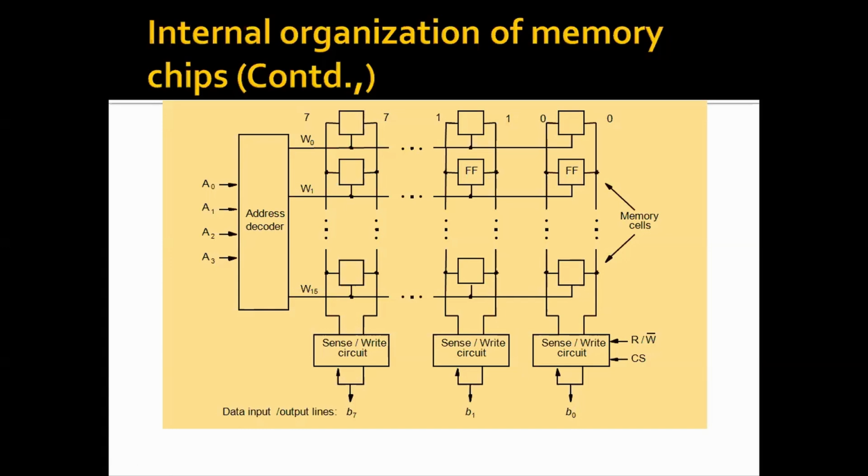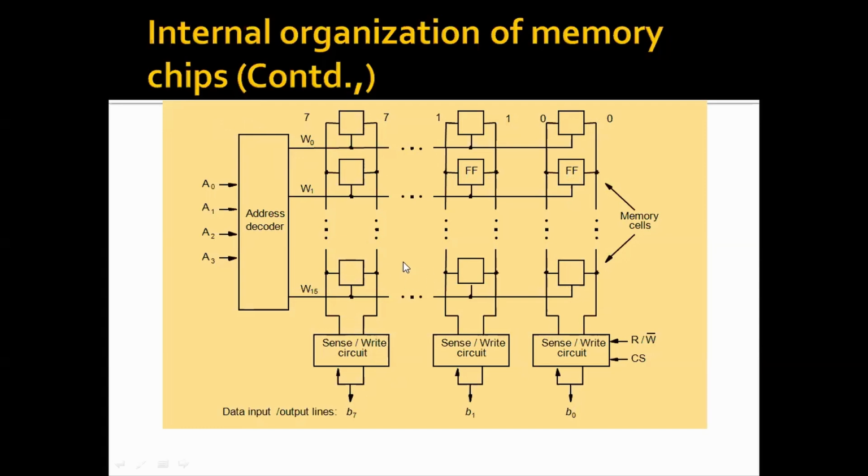That is, memory cells are organized in the form of an array. இங்க பார்த்தீங்கன்னா இது எல்லாமே where you will be having as an array. That is, here you will be having 0 to 7, whereas for words you will be having count 0 to 15, totally 16. Here 0 to 7 is 8 bits. So one row is one memory word.